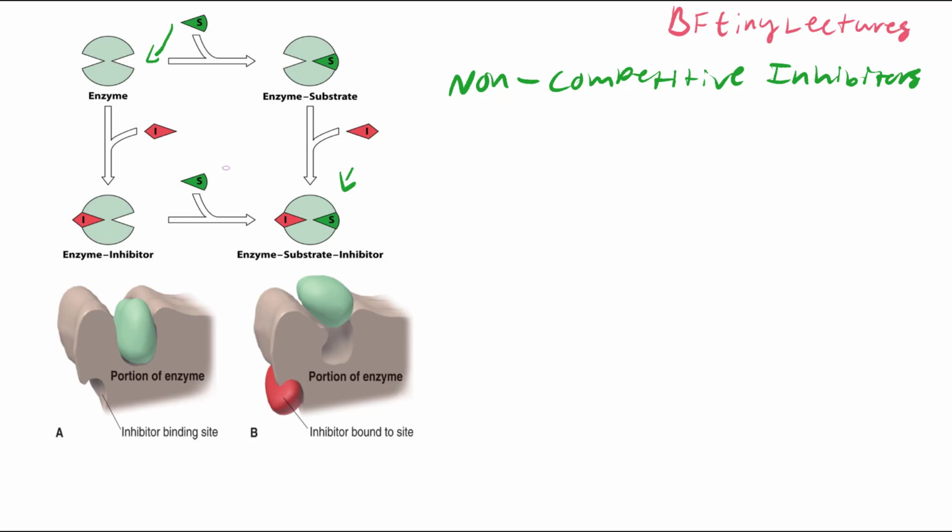That's not the case. There are 2 binding sites, so it doesn't matter if the substrate comes first or the inhibitor comes first. They're both eventually going to go into the enzyme, and that reaction is not going to occur.